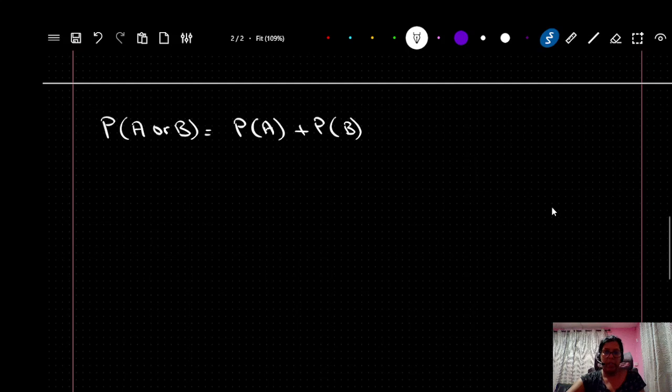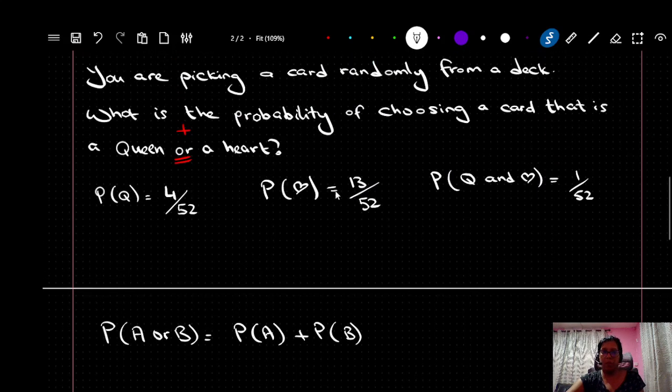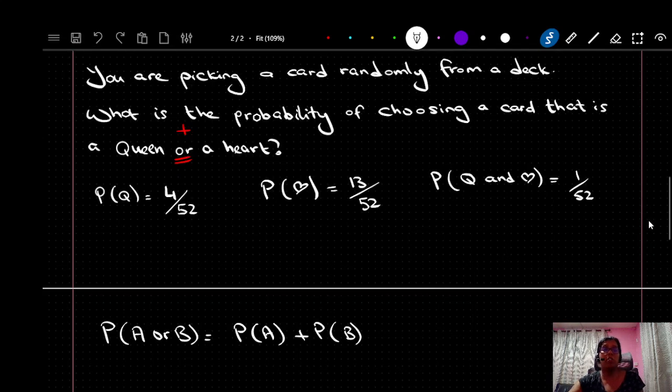So, in fact, we write it like this. If you remember, the probability of having A or B is the probability of having A plus the probability of having B. Now, if you want to find a card, whether it is a queen or a heart, you have to remove this condition of having a queen and a heart.